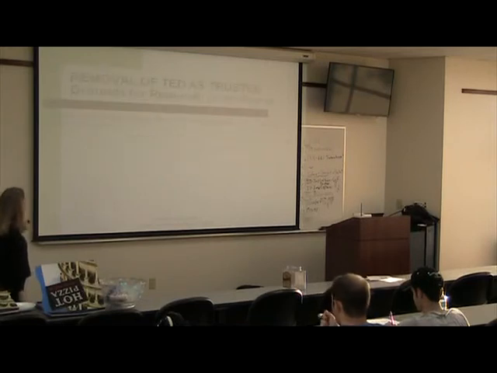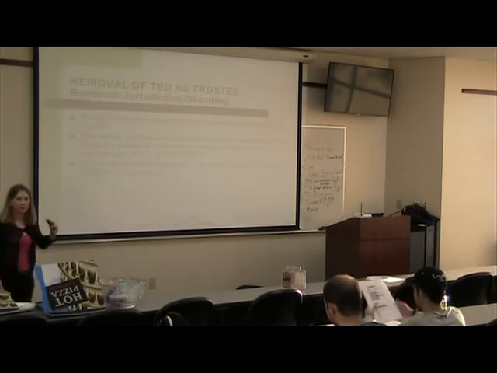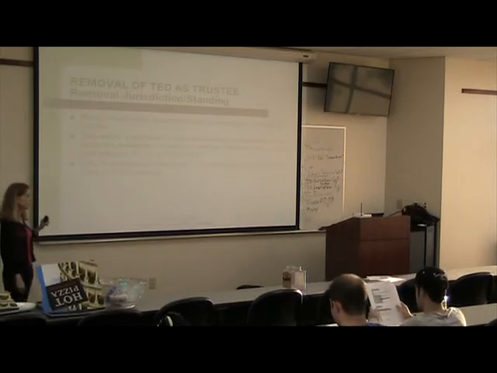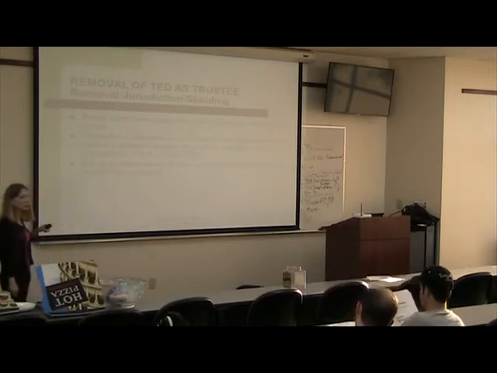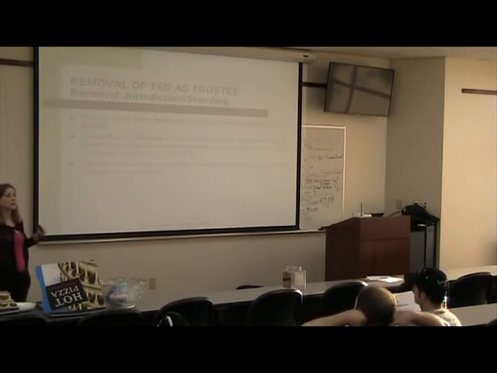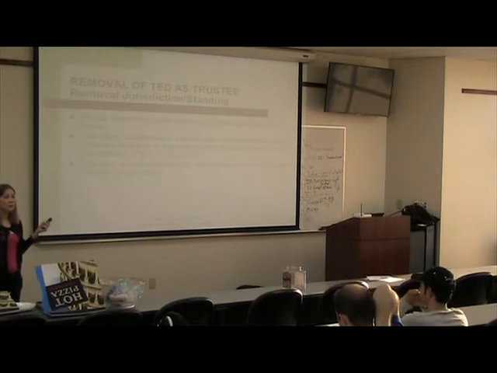Whoops, I'm sorry. That went too fast. Any beneficiary can seek removal of the trustee if the trustee has breached the trustee's fiduciary duty. The court may also remove the trustee. And remember, if the settlor is alive and you have a revocable trust, the settlor can remove the trustee too.